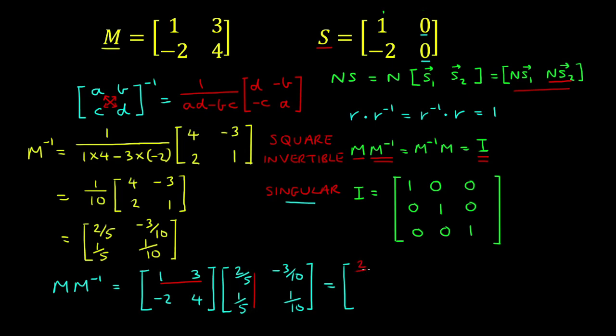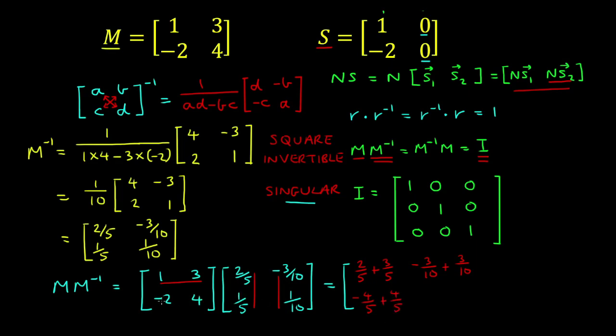So that'll be 1 by 2/5 plus 3 by 1/5. And row 1 by column 2 gives the next entry in row 1. So we have 1 by minus 3/10 plus 3 by 1/10. And then minus 2 by 2/5 is minus 4/5, plus 4 by 1/5.